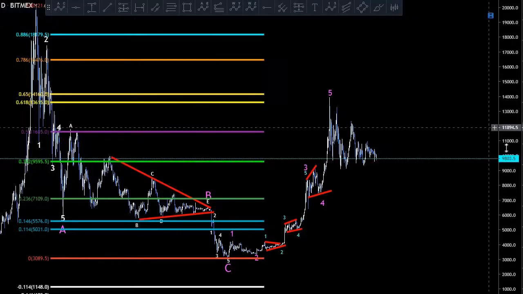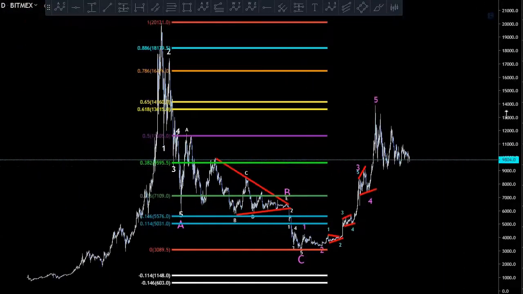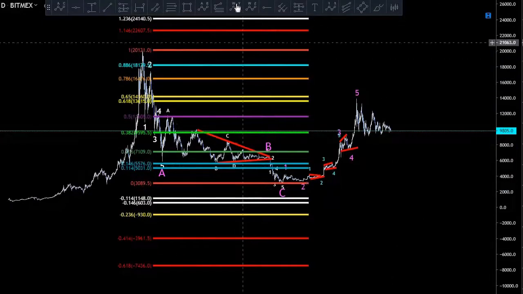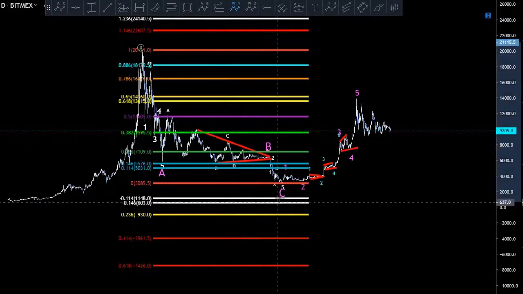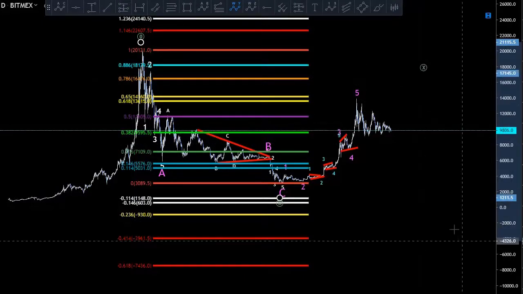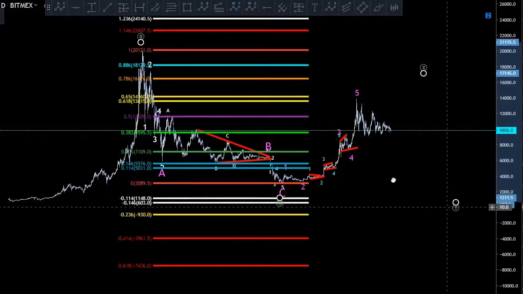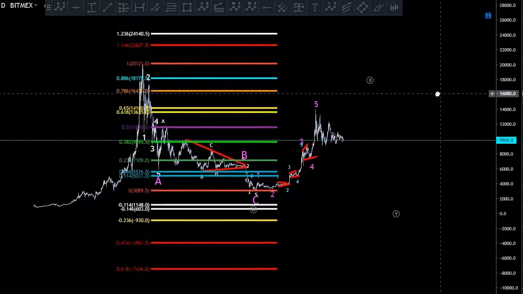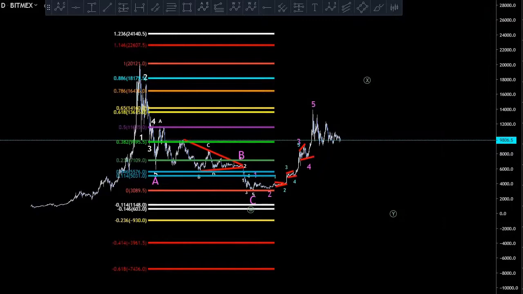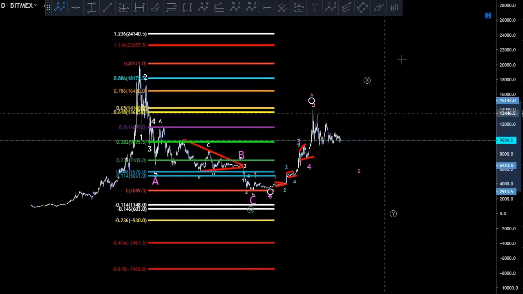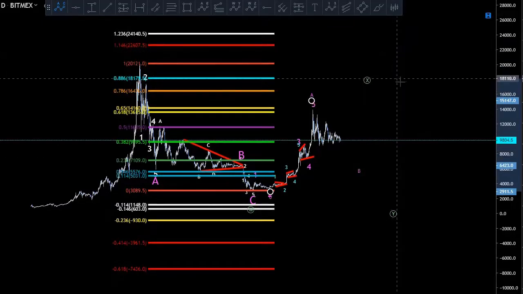So my macro count would be, this would be a W. We're gonna get an X, and then we're gonna come back down for a Y. And this right here is A. So B's down here, and we don't know where C is going to land.